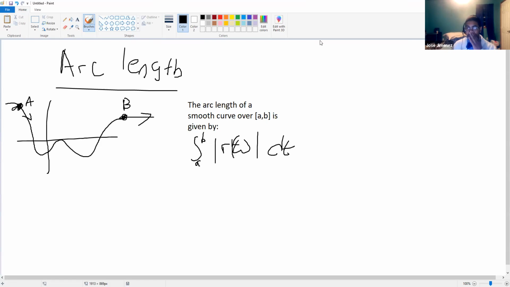And you've all seen this before in Cal 1, if not Cal 2, it's coming back with a vengeance. But arc length is actually very, very easy; we coddle you, basically.